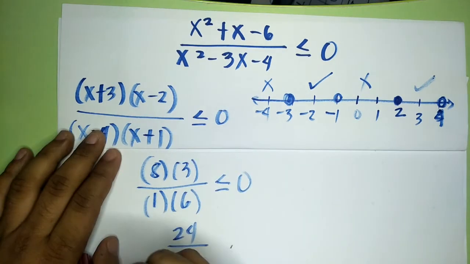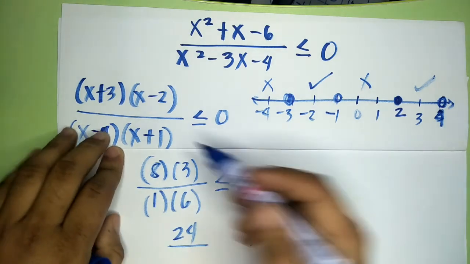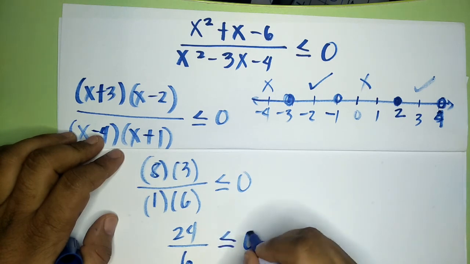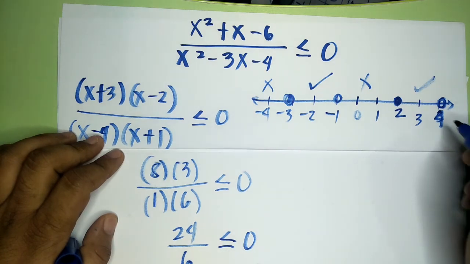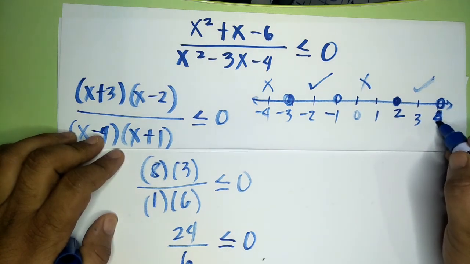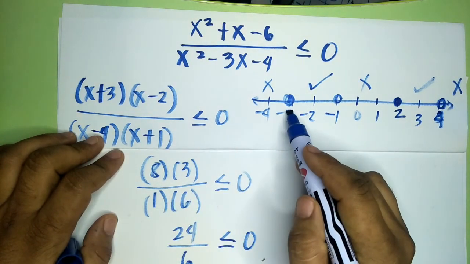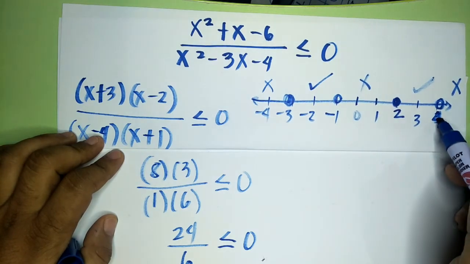Less than or equal to 0. 8 times 3 is 24. 1 times 6 is 6. So 24 divided by 6, that is positive. Hindi siya less than or equal to 0. So ibig sabihin, lahat ng nasa kanan ni 4 ay hindi kasali. So ang kasali lang ay nasa pagitan negative 3 at negative 1, 2 at 4.